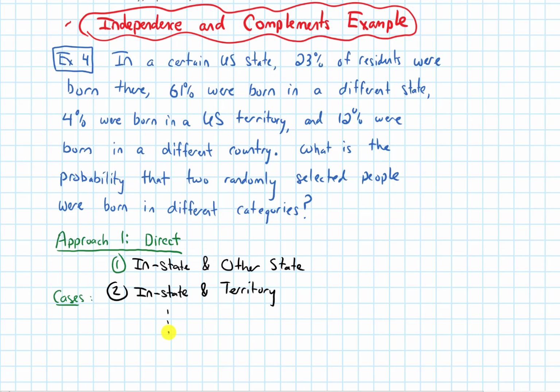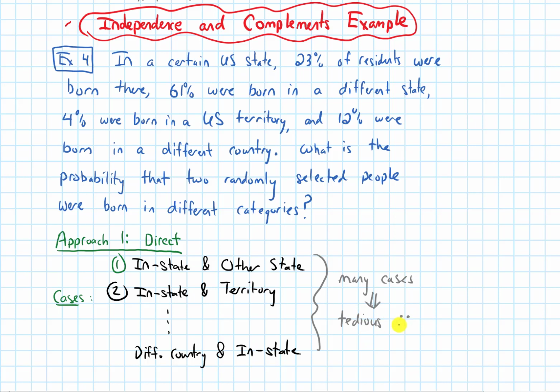There are several combinations. Eventually we might get to something like the first person is born from a different country, and maybe the second person is born in state. But there are several cases here that we would have to consider. Many cases. So this looks like it's going to be tedious.